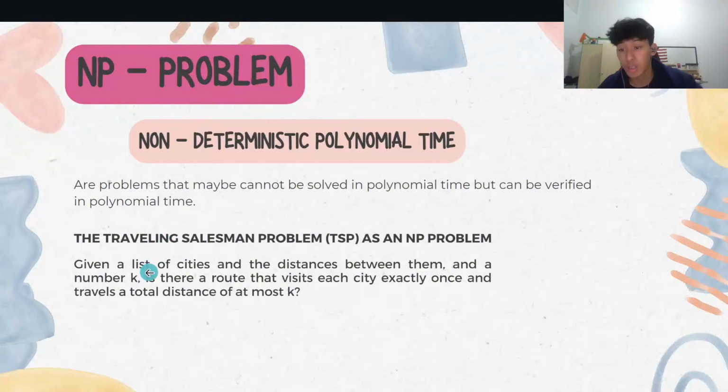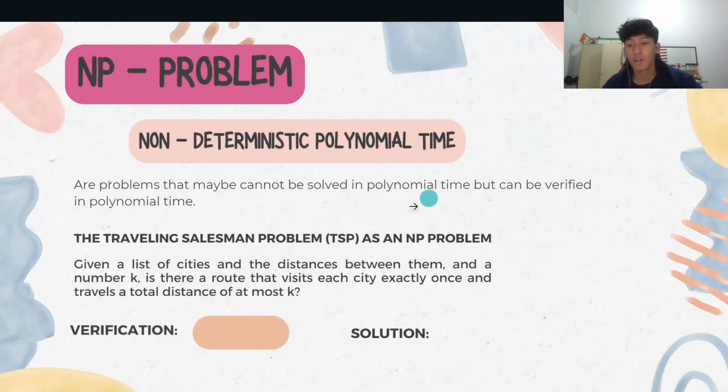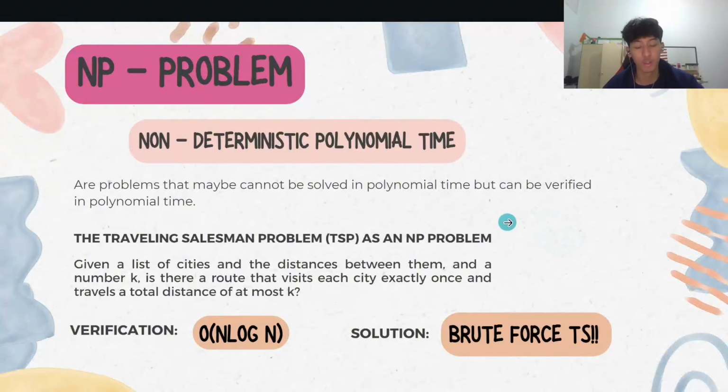This problem includes a list of cities and the distances between them, and a number k. Is there a route that visits each city exactly once and travels a total distance of at most k? We can verify it with complexity O(n log n), which is still polynomial time. And the solution? Currently, we still don't have an efficient solution, so we just brute force it.